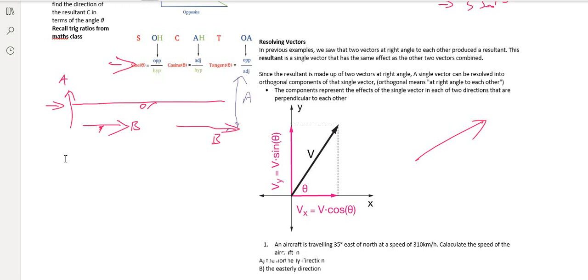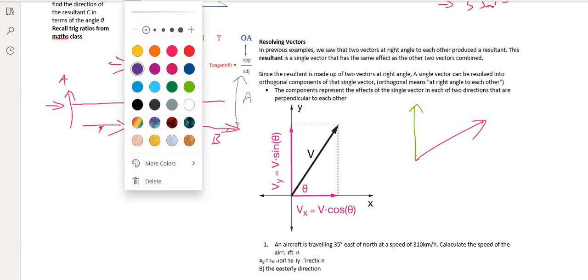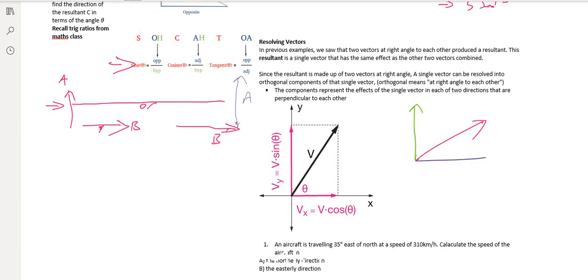So we would expect that our vertical is going to be like this. So that's a vertical component. Then the horizontal would be like this.